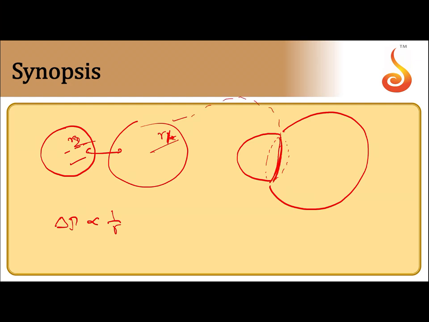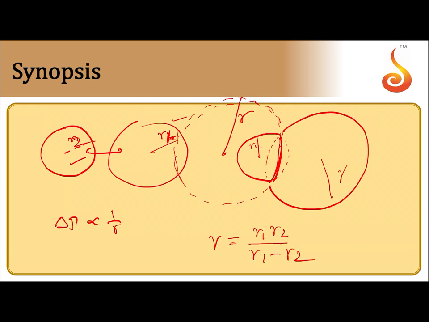If I consider the sphere corresponding to the common meniscus, remember this is r2, this is r1. This common meniscus will have a radius R, which is given by R equals r1 r2 divided by r1 minus r2. So this is the radius of curvature of the common surface. This is basically the double bubble case.